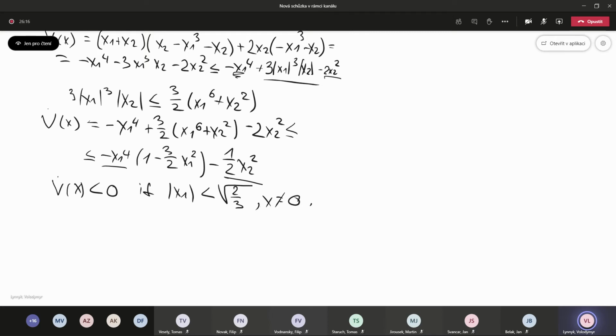But it is only local asymptotical stable, because only near the origin, x1 less than root of 2 divided by 3. Any question here? Global asymptotical stability is not guaranteed.